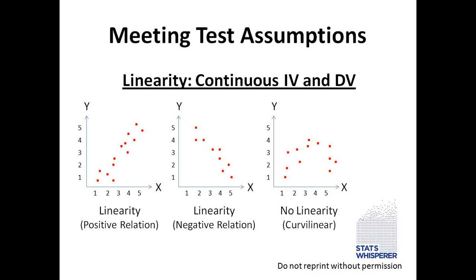As x gets higher, y gets lower. So that's a curvilinear relationship, and that's no good for linear regression, because linear regression assumes that there's a linear relationship.